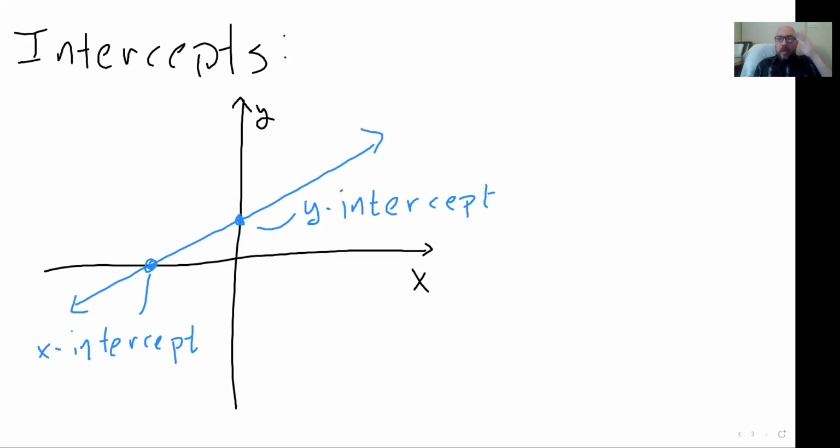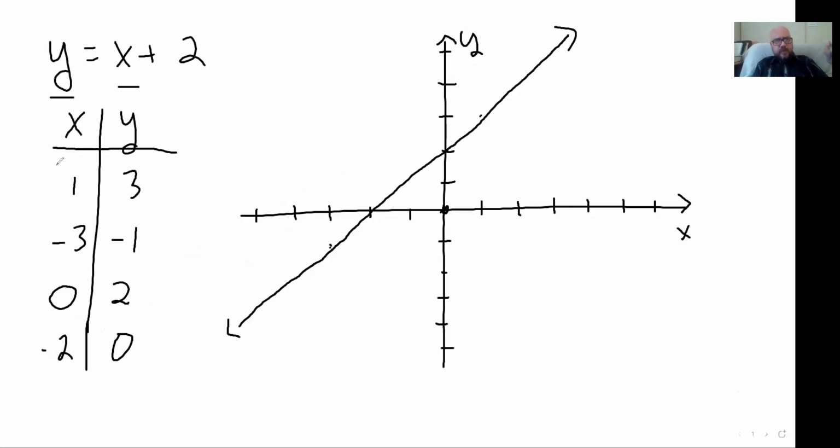I deliberately didn't put any hash marks on here because I don't really know anything about that line, right? No equations, no nothing like that. However, I do know something about the intercepts, and the thing that I know is that when it crosses the axis, the x or the y-axis, one of the coordinates there is 0. Oh, and by the way, I should say a coordinate is like this is an x coordinate here. This is a y coordinate.